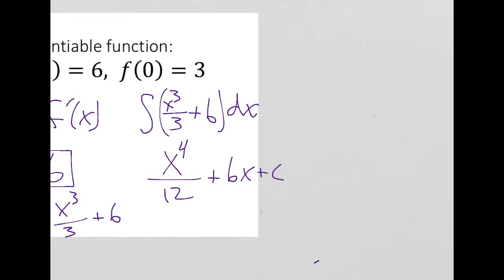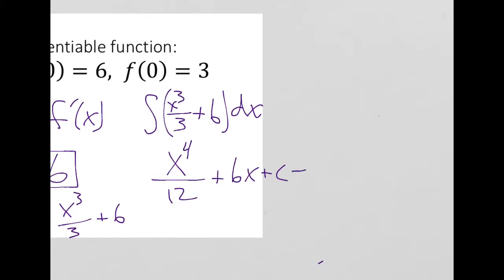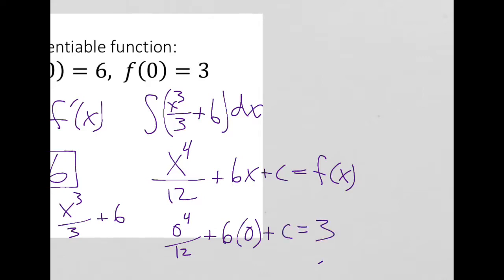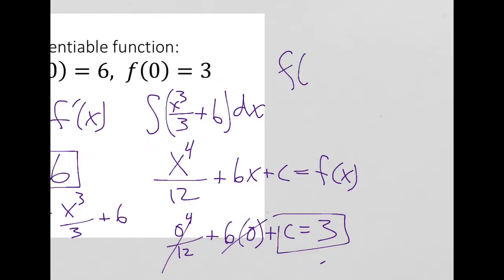Now I need to plug in my point and solve for c, because this is now my f of x function. The x value is 0, so I get 0 to the fourth over 12 plus 6 times 0 plus c equals 3. And look, that term's gone and that term's gone, so again, you're left with c equals 3. And so then f of x has to equal x to the fourth over 12 plus 6x plus 3.